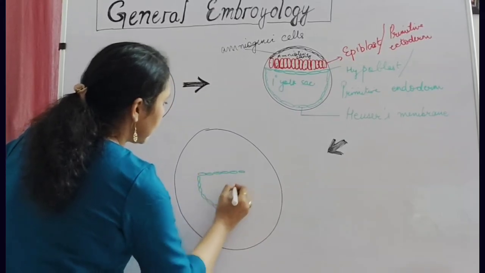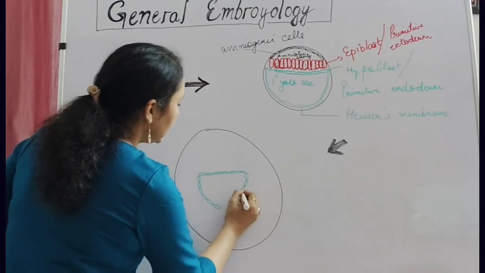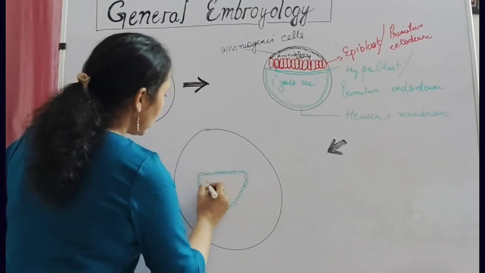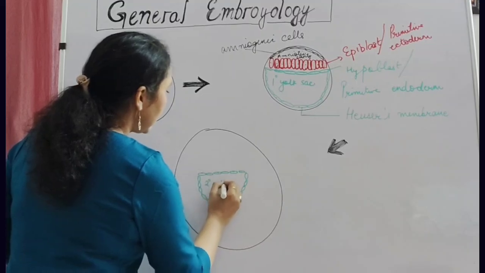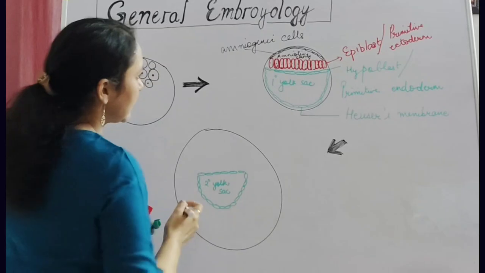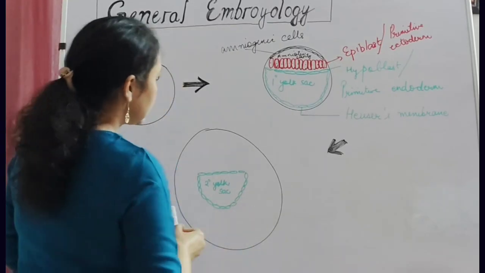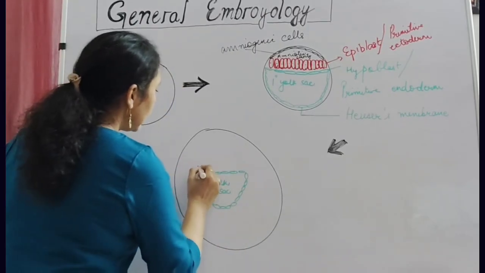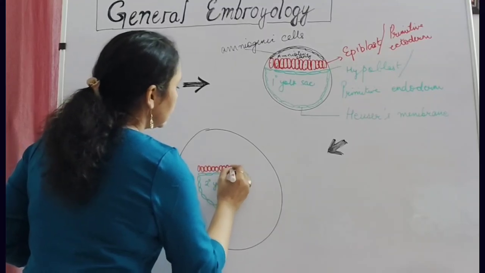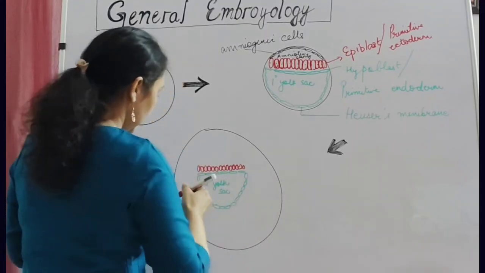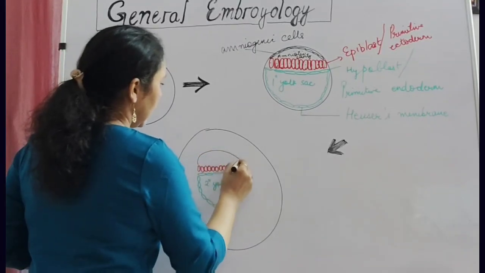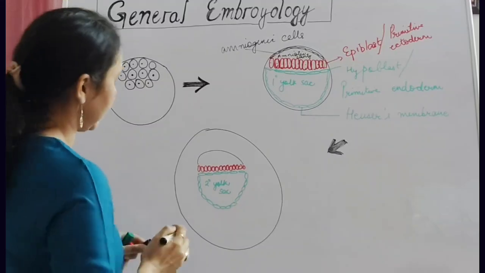This is the Heuser's membrane. With this change, this yolk sac becomes smaller and now it is called the secondary yolk sac. This was the primary, now this has become smaller and it is the secondary yolk sac. Then similarly we have the ectoderm here or the epiblast, primitive ectoderm, and along with it the amniogenic cells and the amniotic cavity.